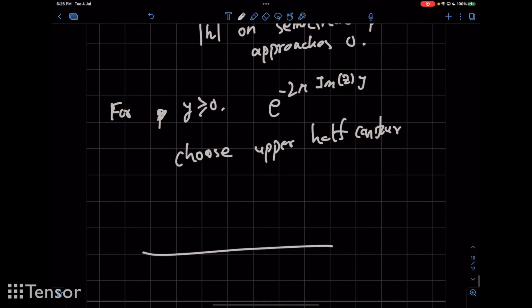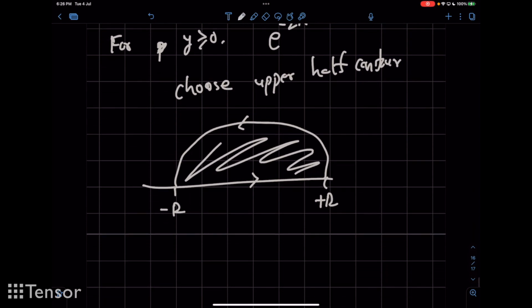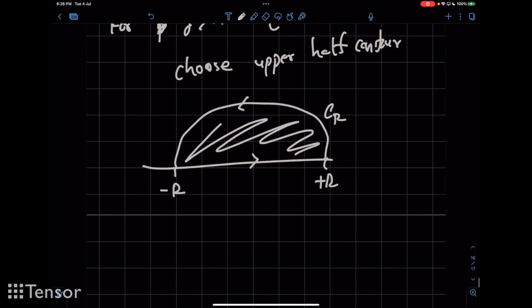So what is the upper half contour? This is negative r, this is positive r. And h has no singularities inside of this curve. Therefore, let's name the contour CR. Therefore, the integral of h of z dz over CR is 0.